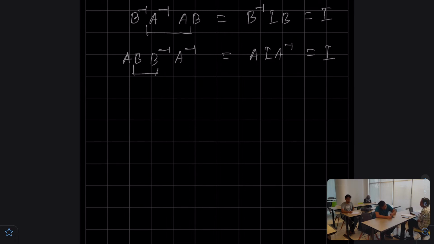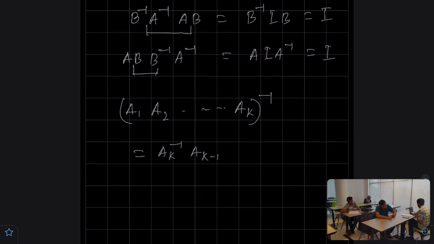Okay. So, we also proved that if you take a finite number of matrix multiplications, and each matrix has an inverse, then the product has an inverse too, right? Something like (A1 A2 ... AK) inverse is equal to AK inverse, AK minus 1 inverse, ..., A2 inverse, A1 inverse.